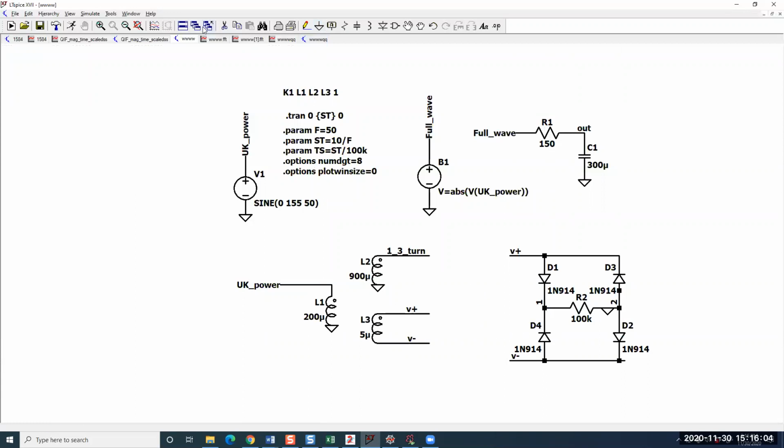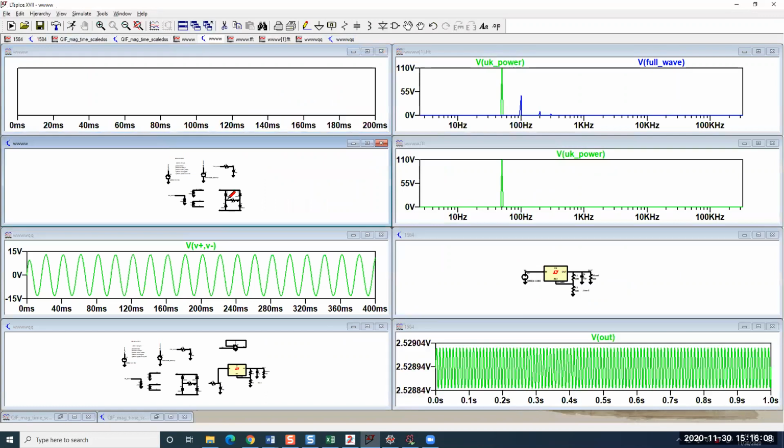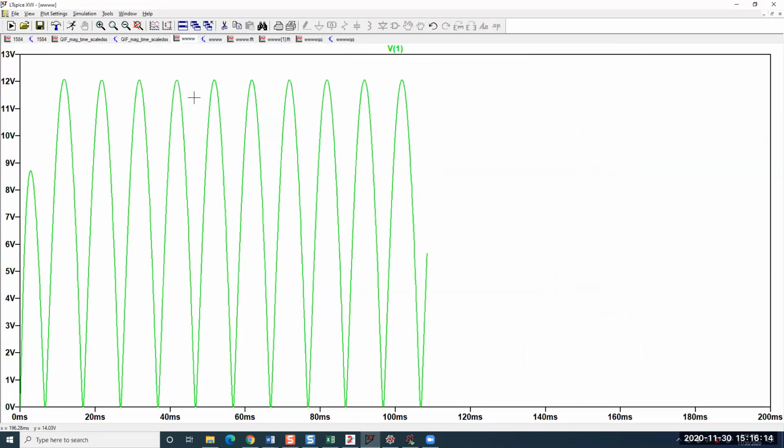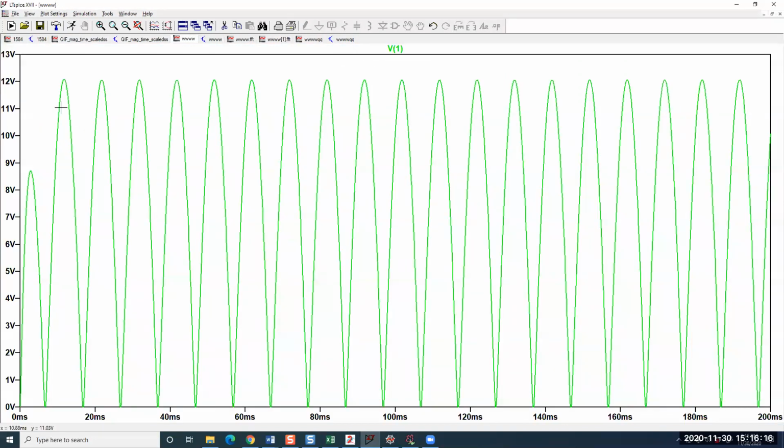And so you're always getting a positive voltage. Okay. So now it took that 12 volt amplitude sine wave and then turned it into something very close to the absolute value of a sine wave.